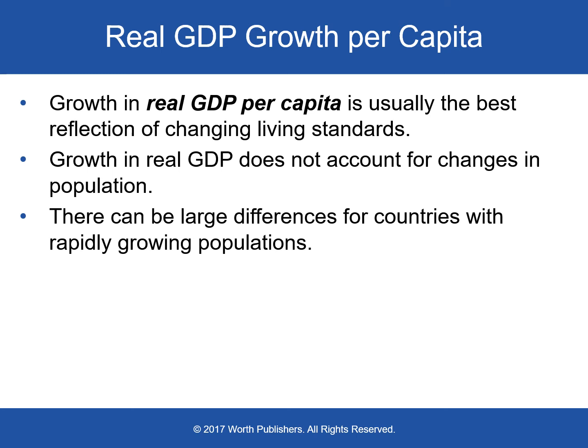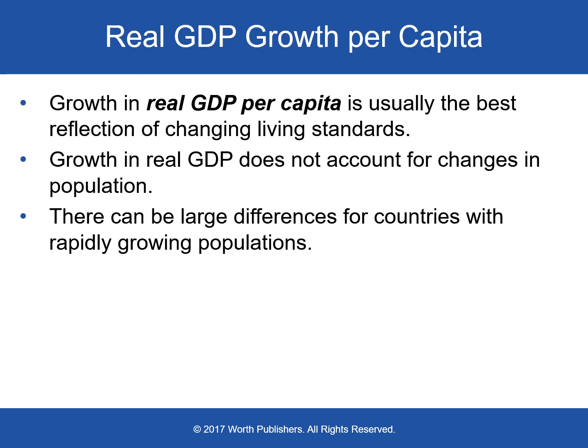So real GDP per capita, as said much earlier, is usually the best reflection of changing living standards. It's the best that's available. It isn't ideal. If we just look at real GDP, we're looking at growth in terms of the entire country.